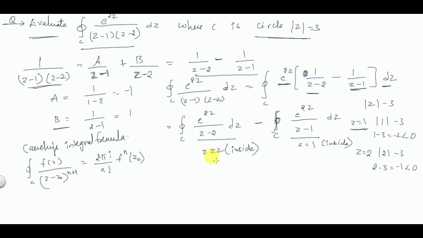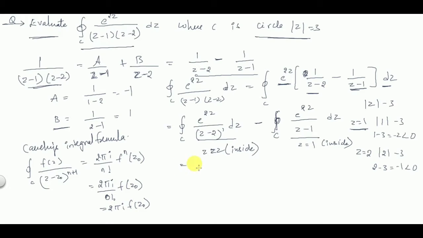Here it is (z minus 2) to the power of 1, that is n plus 1 equal to 1, that is n equal to 0. When n is equal to 0, this becomes 2 pi i by 0 factorial into f of z naught, so that becomes 2 pi i into f of z naught.